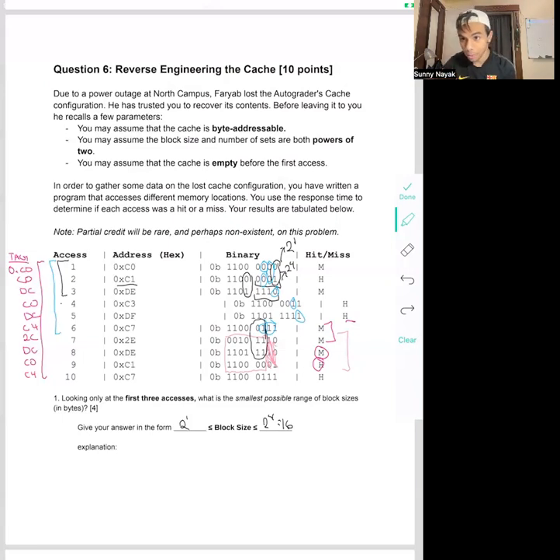That would mean 4 blocks, so this is if we had 16 bytes. Well, if we had 4 blocks, then 2E would have caused DE to be evicted, which, by the way, means that we must have a directly mapped cache, because just a singular access, 2E, is responsible for DE being evicted.